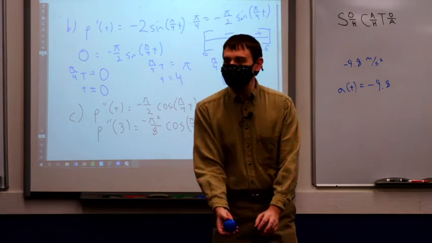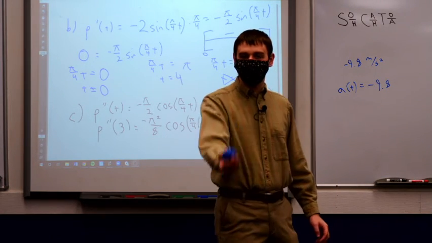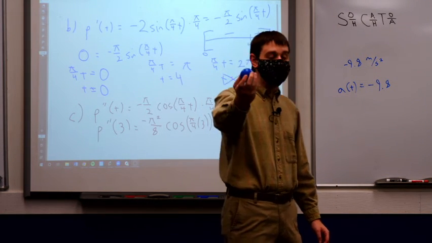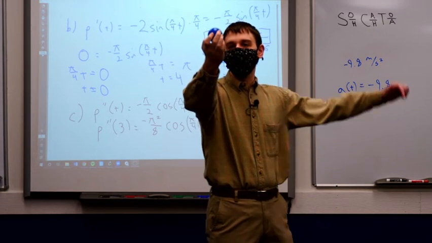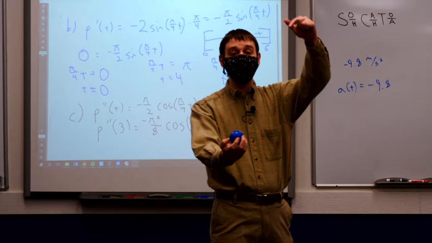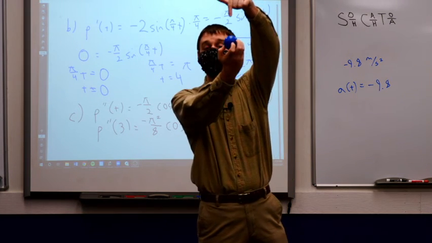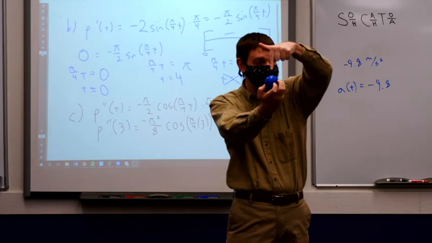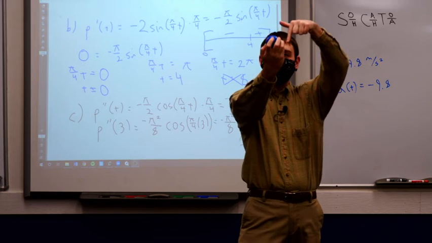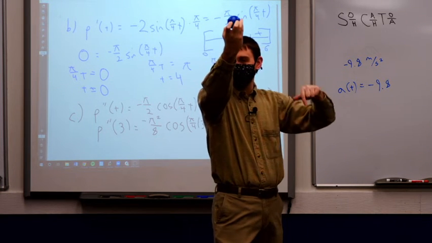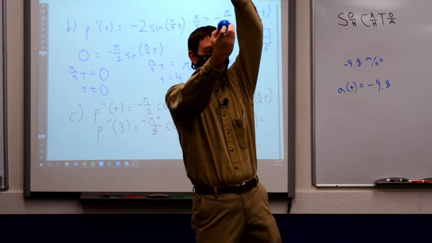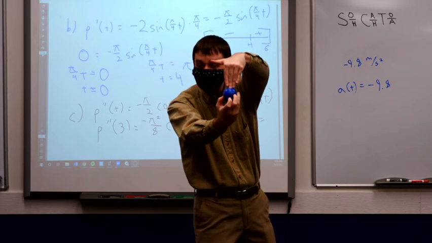If I am thinking of the instant that I'm starting to travel upward, it's going to be slowing down because it's traveling upward, but the acceleration due to gravity is pushing it downwards. And then eventually it's going to cause it to stop in the air for an instant and then start to push it back downwards.